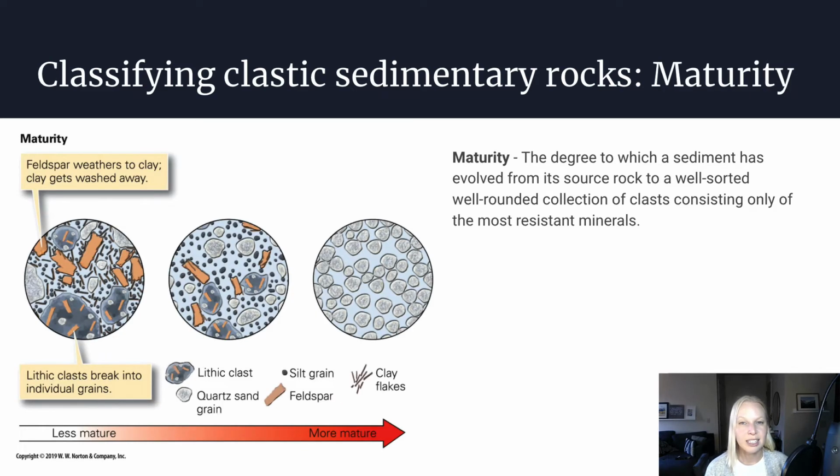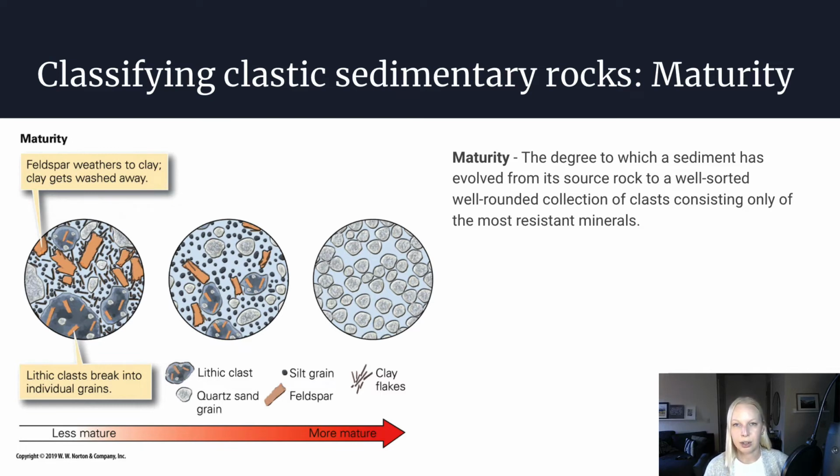When we're classifying sedimentary rocks, we also want to consider what geologists call maturity. Maturity is the degree to which a rock or a sediment has evolved from its source rock. So if something is really well-rounded, well-sorted, and consists only of its most resistant minerals, then it would be considered a very mature rock.